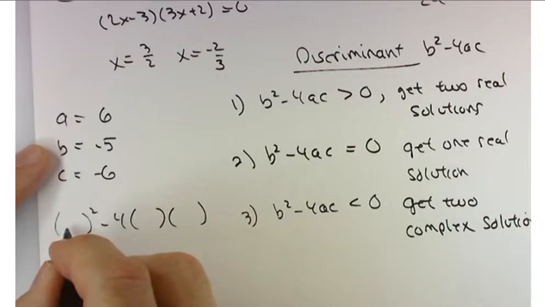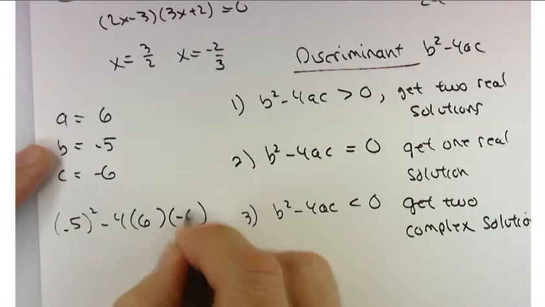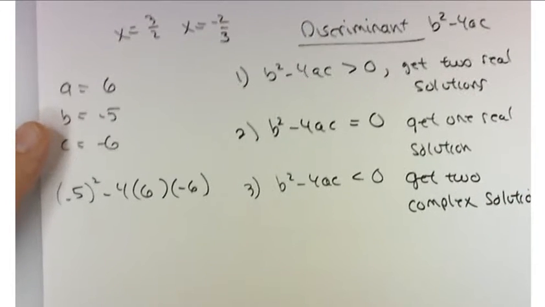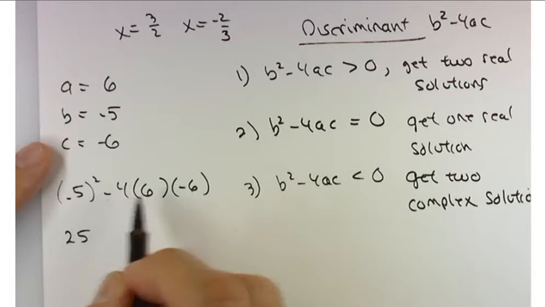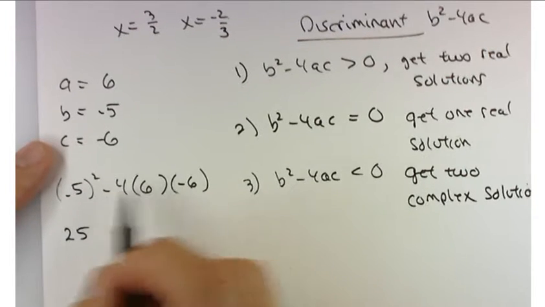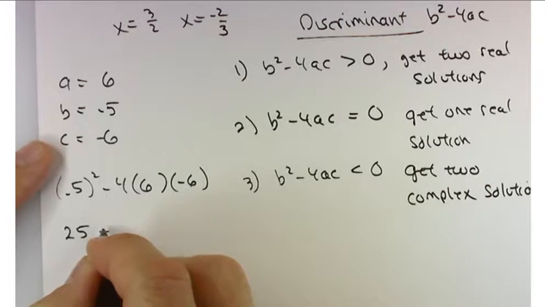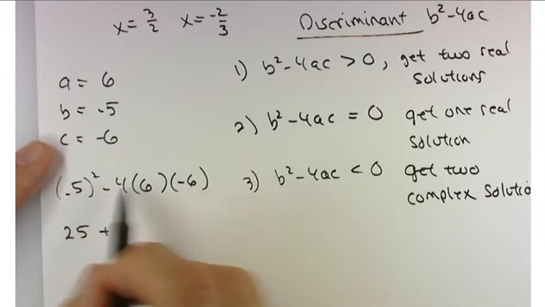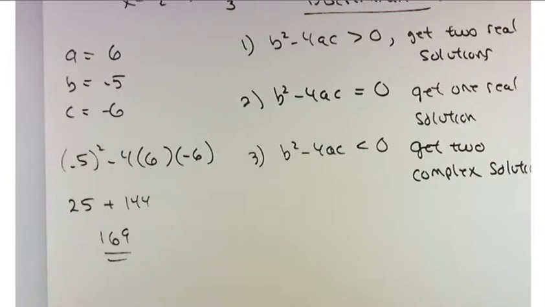It would look like this: negative 5 squared minus 4 times 6 times negative 6. So that's going to be 25. A minus times a plus times a minus. What sign is going to go between these two? Plus. So 24 times 6 would be 144. So I get 169.